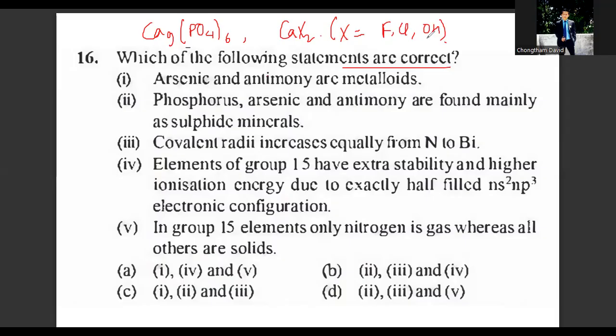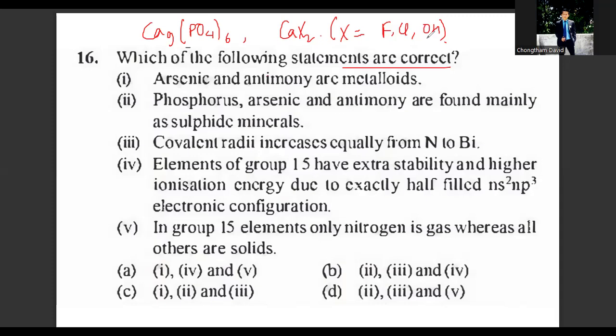Calcium hydroxide, calcium fluoride, calcium chloride or calcium phosphate. We call it the apatite family, right? So these are the main components of rocks where phosphates are found, whereas arsenic and antimony are found as sulfide minerals.